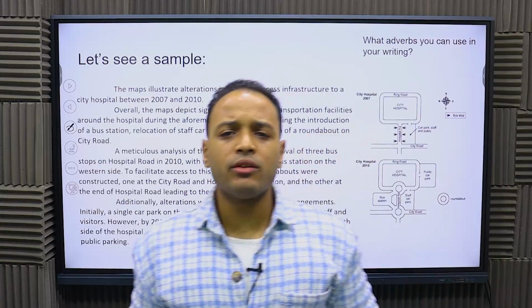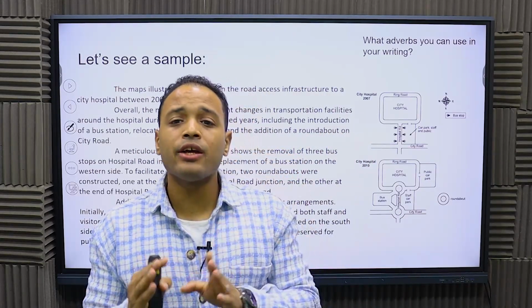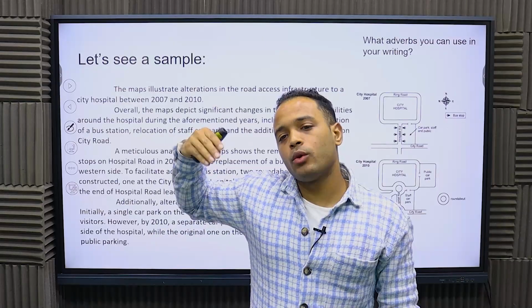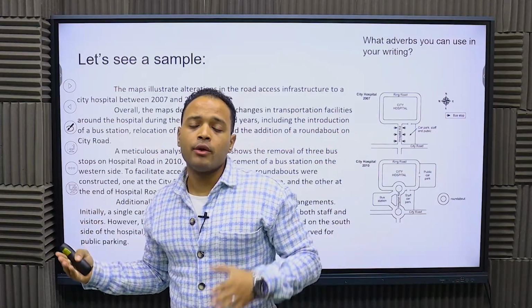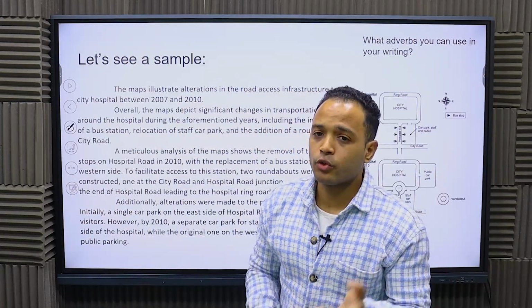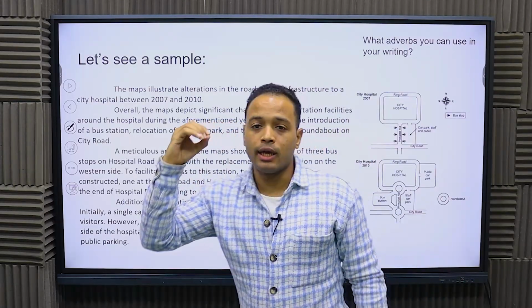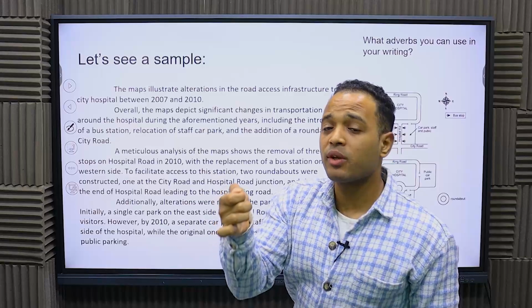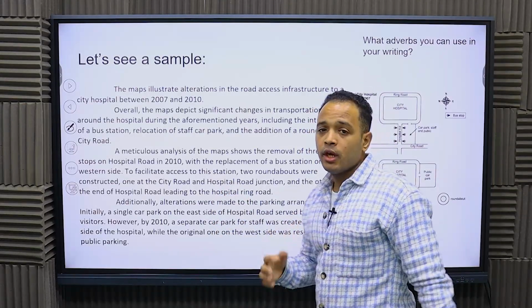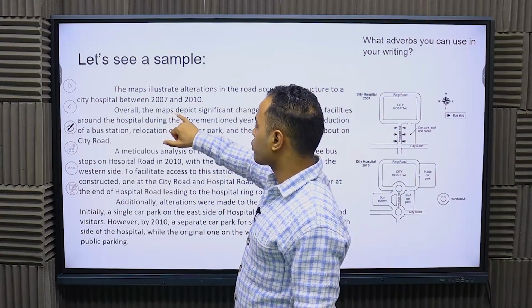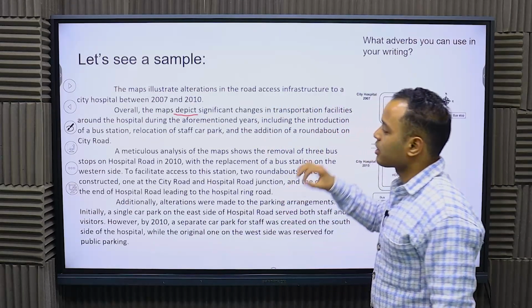The problem with the adverbs is that the writer has used many words that are describing rather than adverbs. For example, when you use an extreme verb, or an advanced verb that delivers a very specific meaning, sometimes there is no need to use the adverb. For example, we have the words depict significant changes.